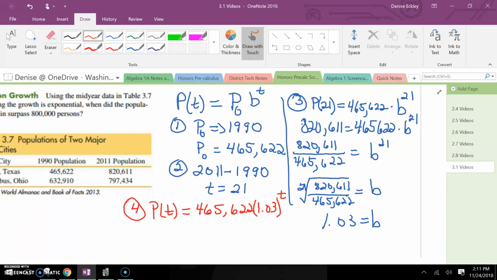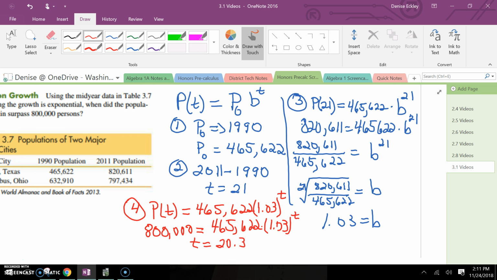Now we want to know, when did this equal 800,000 people? And the easiest way to find that is to find the intersection of 800,000 and our function in the graphing calculator. And when we do that, we get a T value of 20.3.